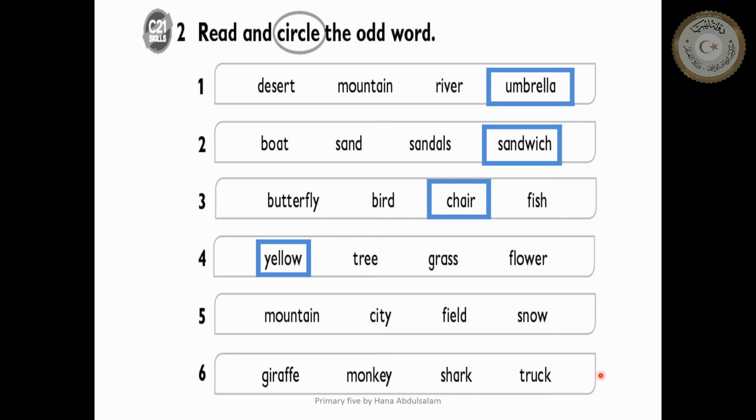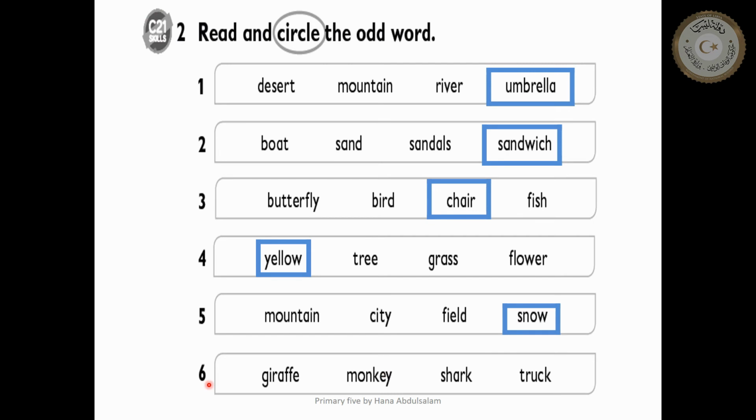Mountain, city, field, snow. These 3 are places, but snow is not. So snow is the one we need to circle, but here I am doing what? Doing a rectangle around them.